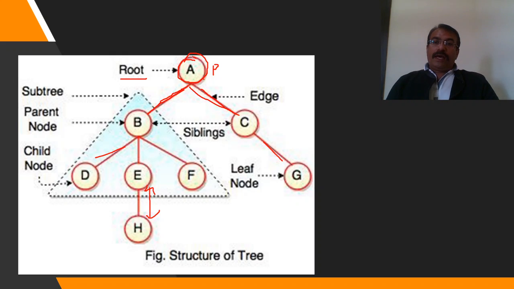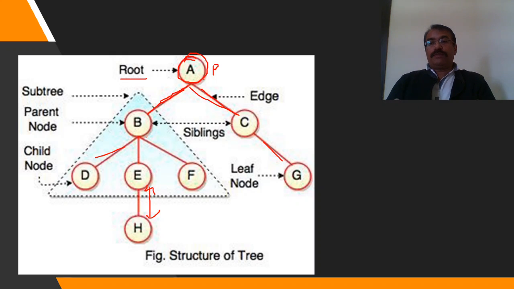Now A has two children, B and C. B can be a single node or can be a subtree. What do you mean by a subtree? A subtree will also behave like a tree. It will have its root, its branches, and its children.